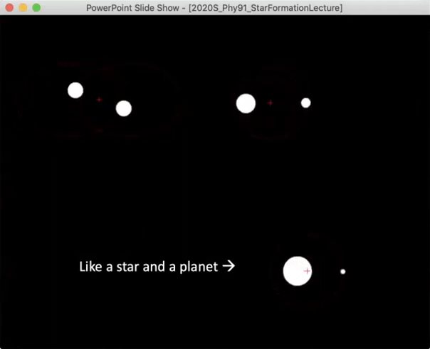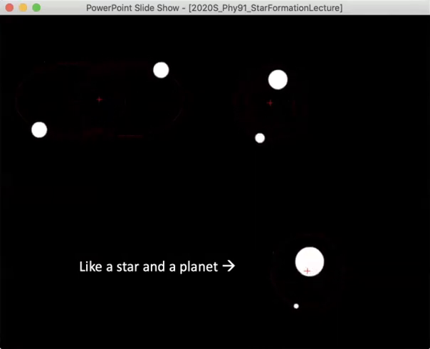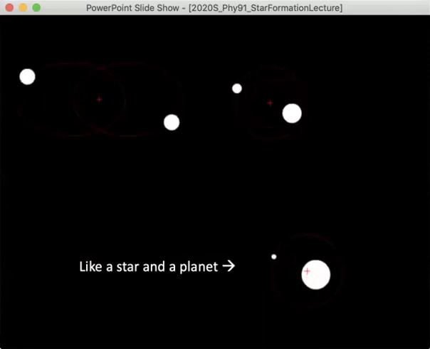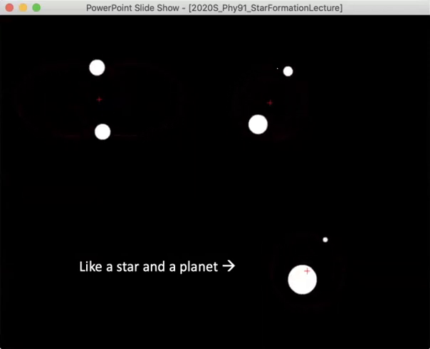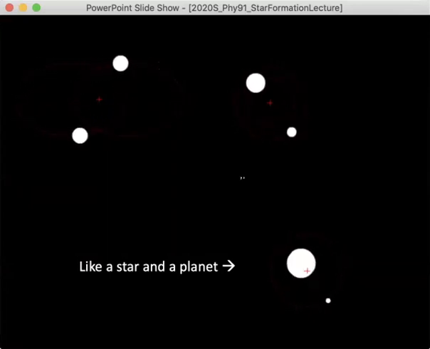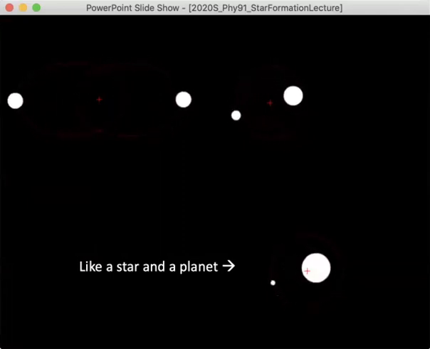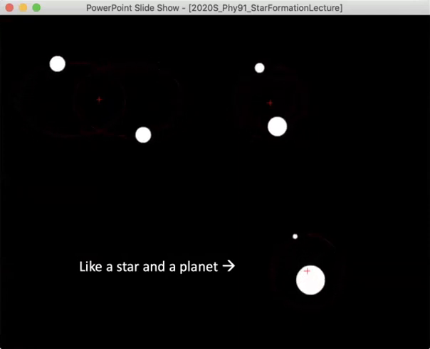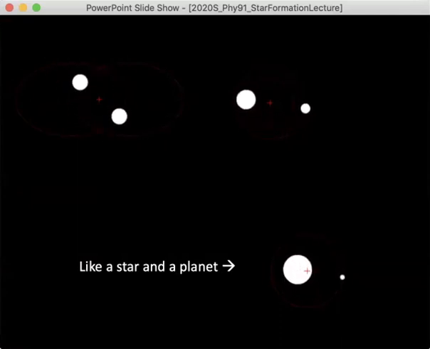And if you remember, Isaac Newton derived Kepler's laws just using gravity. Same exact physics. Binary stars, I could write down Kepler's laws for binary stars as well. So I could write down a Kepler's law equation for two stars orbiting one another. And it's the same idea of what you did when you did Kepler's laws for planets. We use the same exact techniques to measure the masses of stars as they orbit one another.